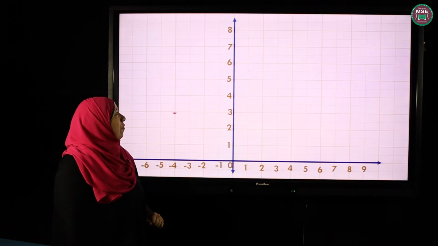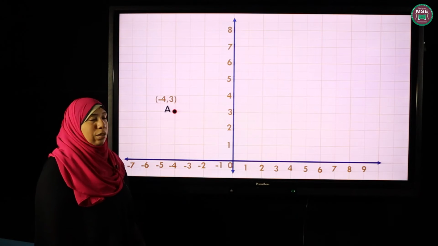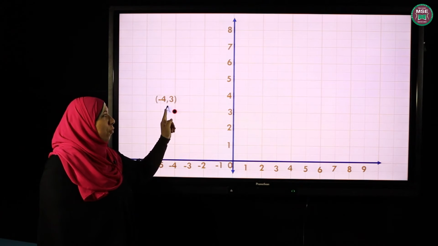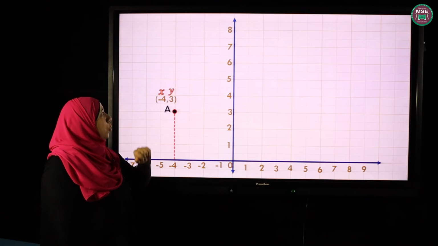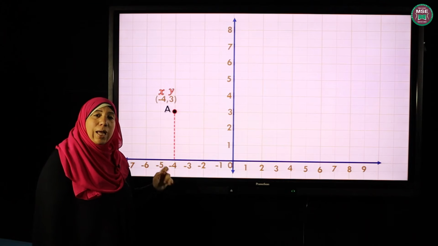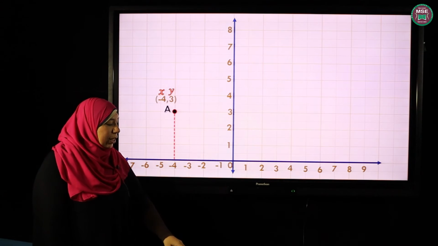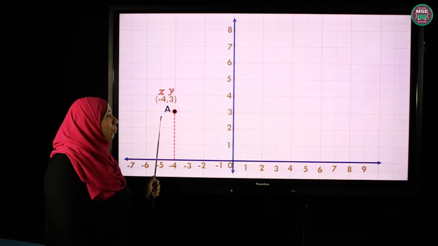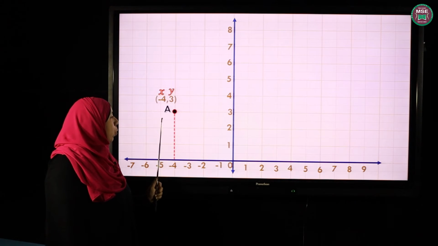Here, if I have point A, for example, negative 4 and 3. Negative 4 from x, 3 from y. This point is x and y, and I want the distance between A and the x-axis. This distance between A and the x-axis, I can count it from the graph. I have here 1, 2, 3.